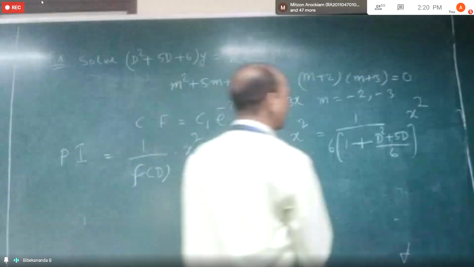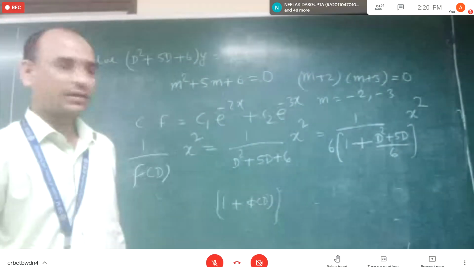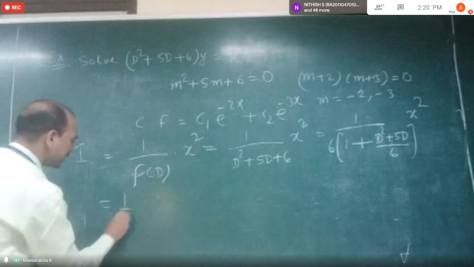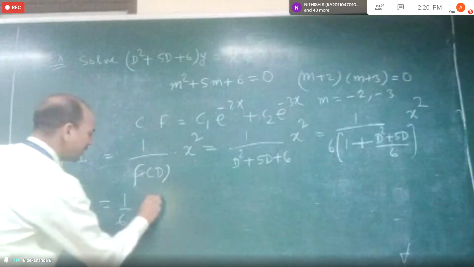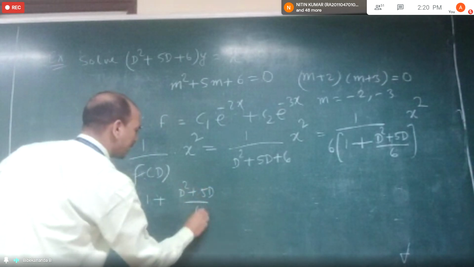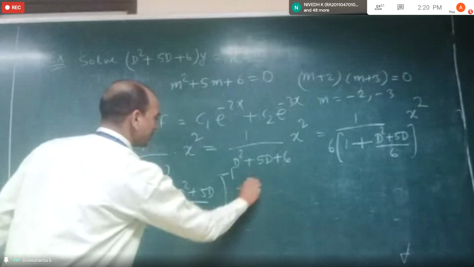So here our expression is 1 plus (D square plus 5D) by 6. Now you can write this as 1 by 6 into (1 plus (D square plus 5D) by 6) to the power minus 1 into x square.